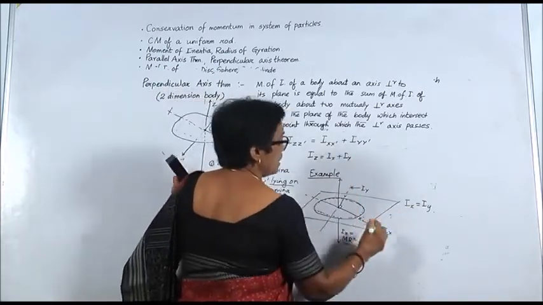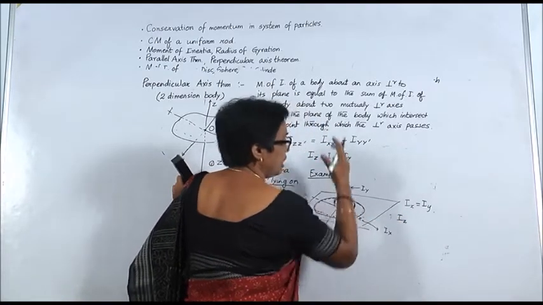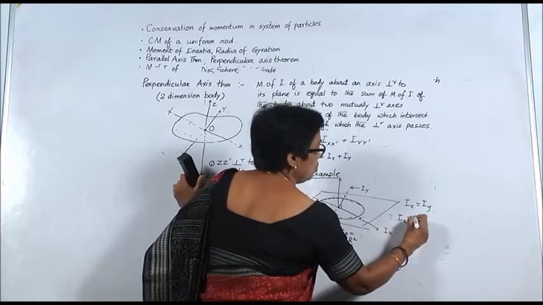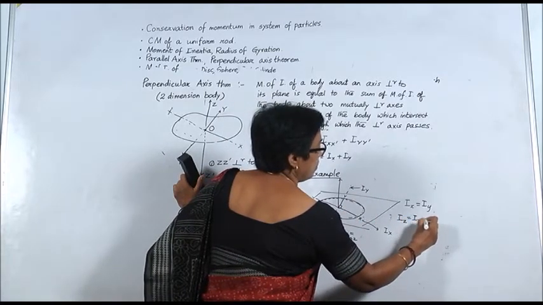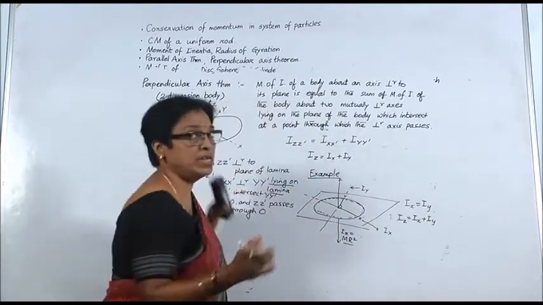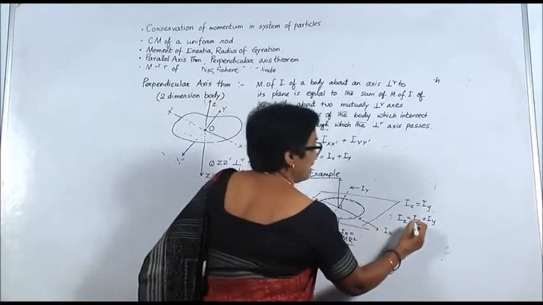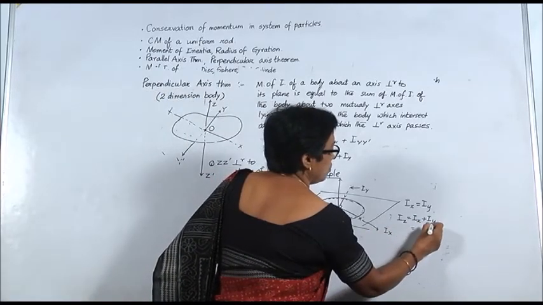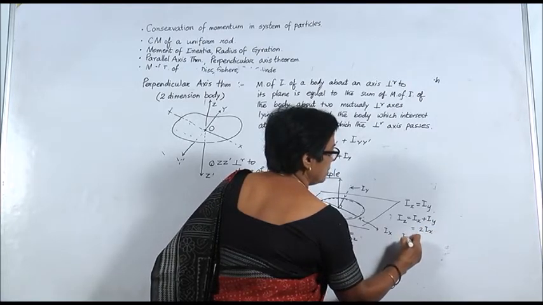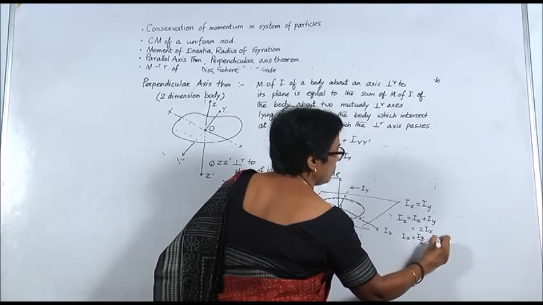The perpendicular axis theorem says that Iz, the z axis being perpendicular to the plane of the lamina or the plane of the ring, equals Ix about x axis plus Iy about y axis, the two axes which are perpendicular to each other lying on the plane of the ring. Then Ix is equal to Iy, so Iz equals 2Ix or 2Iy, so Ix is equal to Iz by 2, which is also equal to Iy.